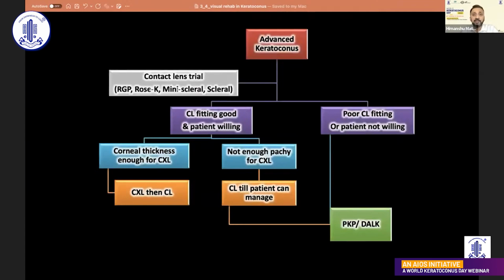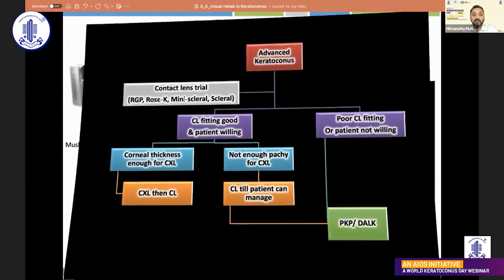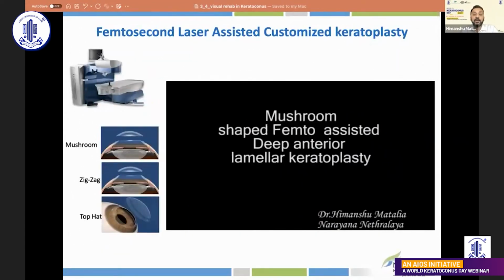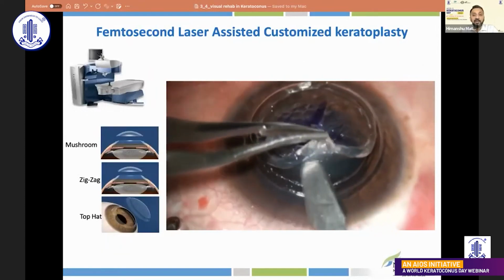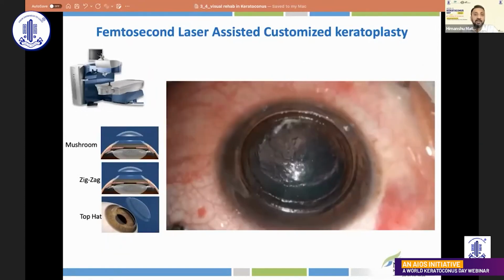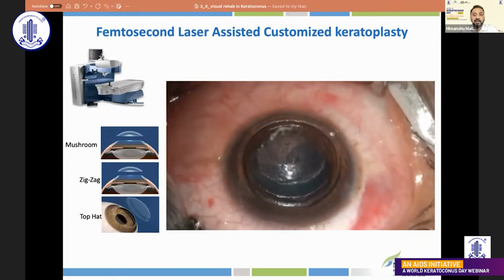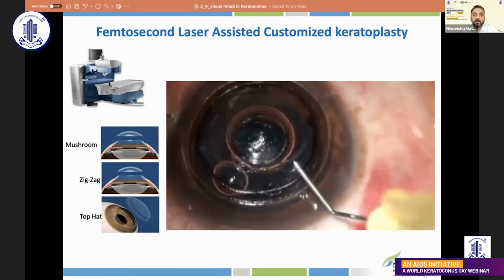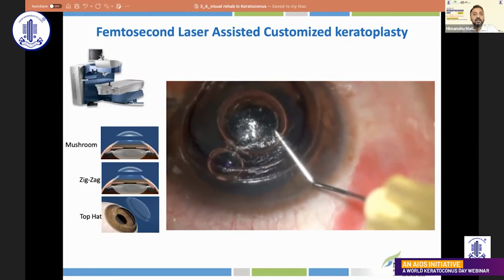If the cornea is irregular or there is a very advanced cone where the contact lenses are not fitting, the previous speaker spoke about corneal transplantation. And we surely can do a corneal transplantation, especially deep anterior lamellar keratoplasty, where we do not change the inner layer of the cornea and just change the stromal layer.